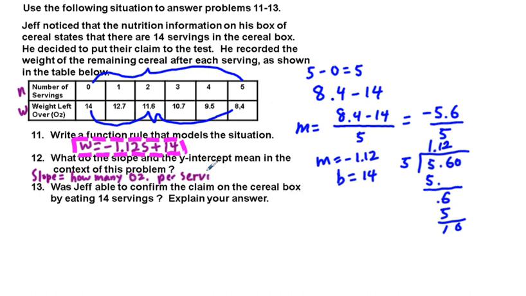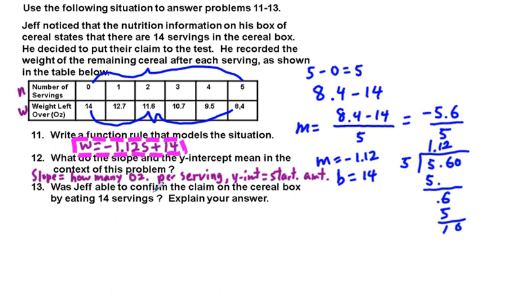And of course, it's an average. That's part of what we're trying to understand. And the y-intercept equals starting amount, I'll put amt. Okay, so that's going to be the slope and our y-intercept in the context of the problem.